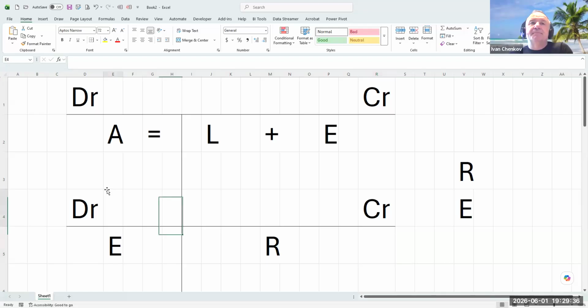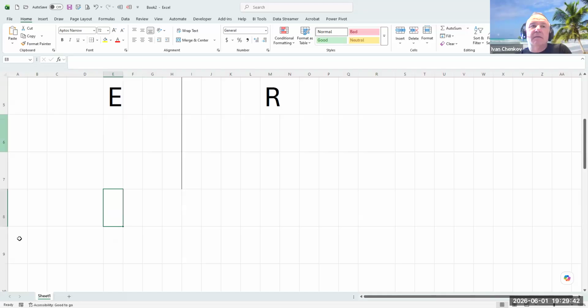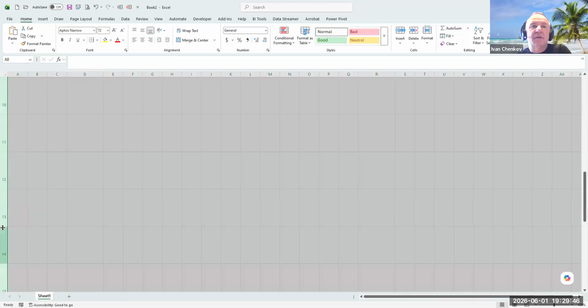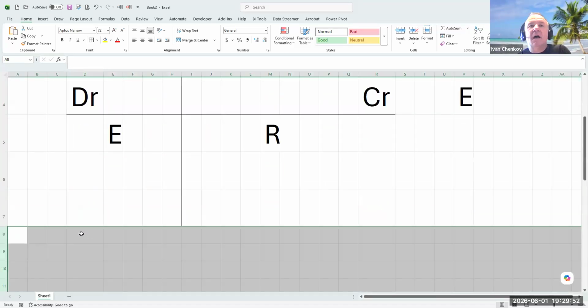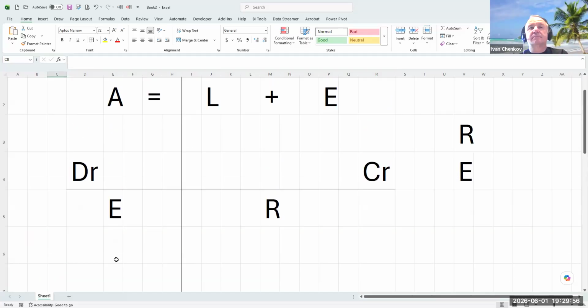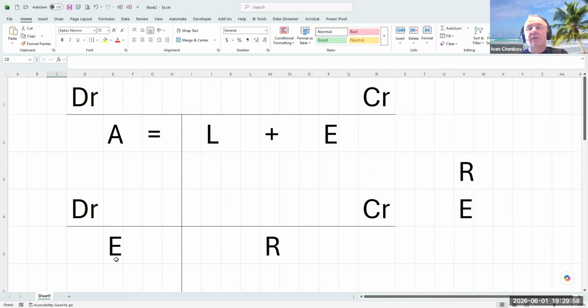So watch this. Let's pretend that we have a transaction and that transaction involves prepayment of cash. Let's say I prepaid for my insurance. If I pay for the insurance, when do I have to pay for the insurance?